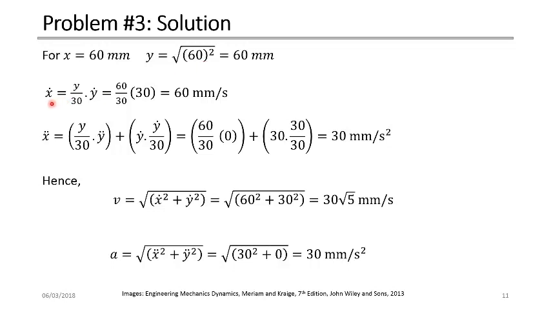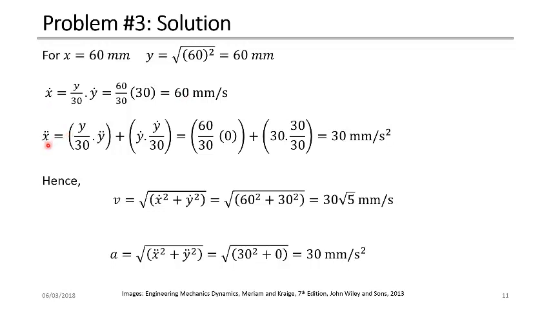So for example, x dot, as found previously, is y divided by 30 multiplied by y dot. The y value here is 60, so 60 divided by 30 multiplied by y dot, which is given as 30. So x dot is 30 as well.